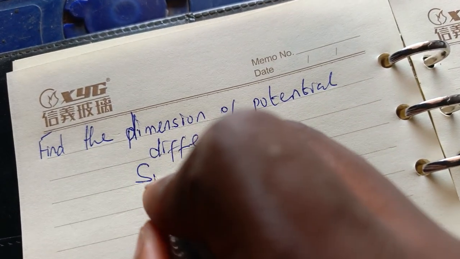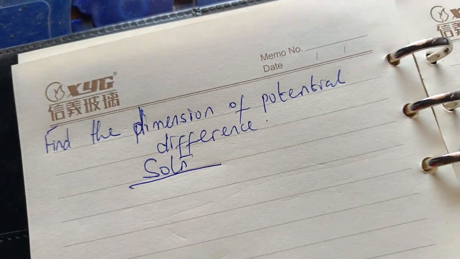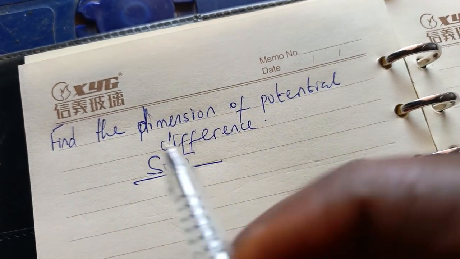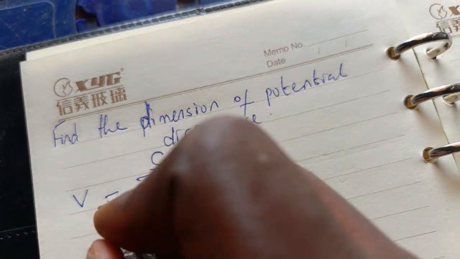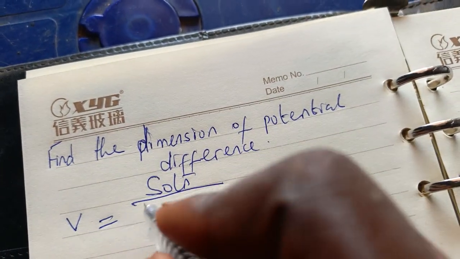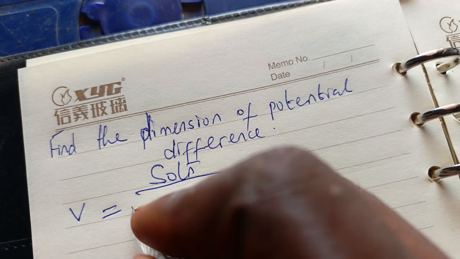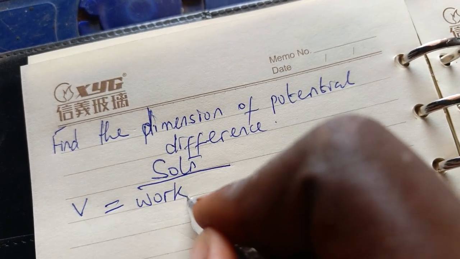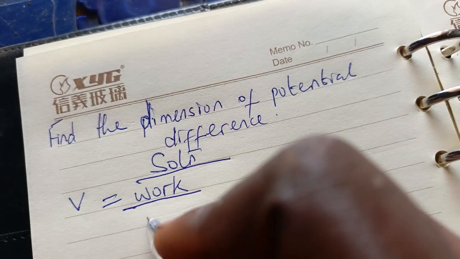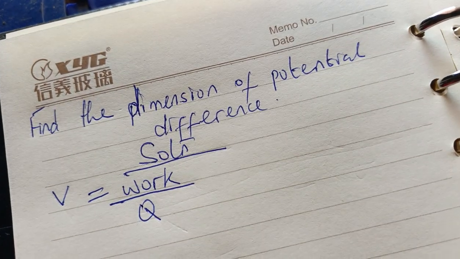So we have solution, right? And the abbreviation for potential difference is what? V. And V is equal to work divided by what? Quantity of charge.